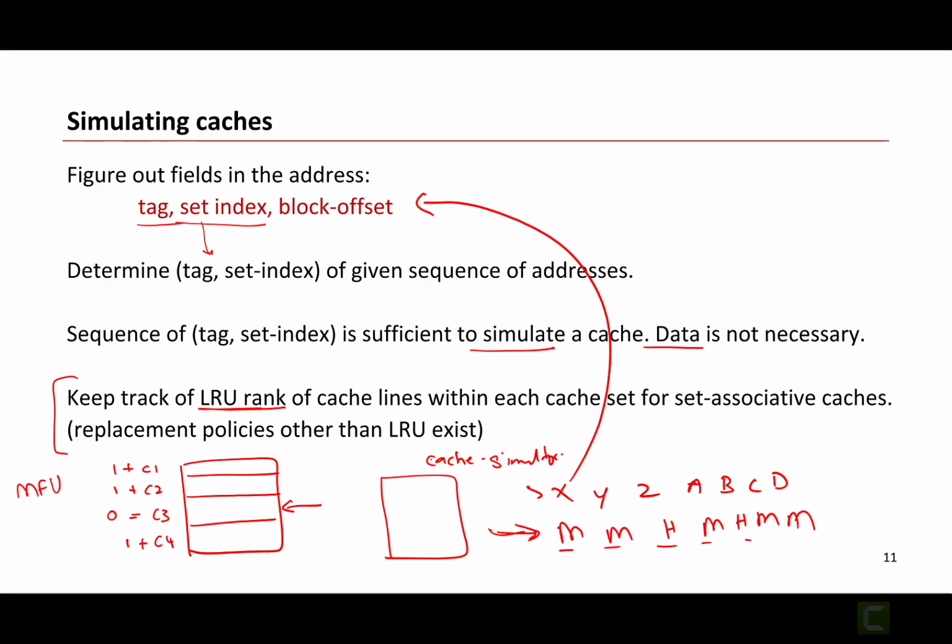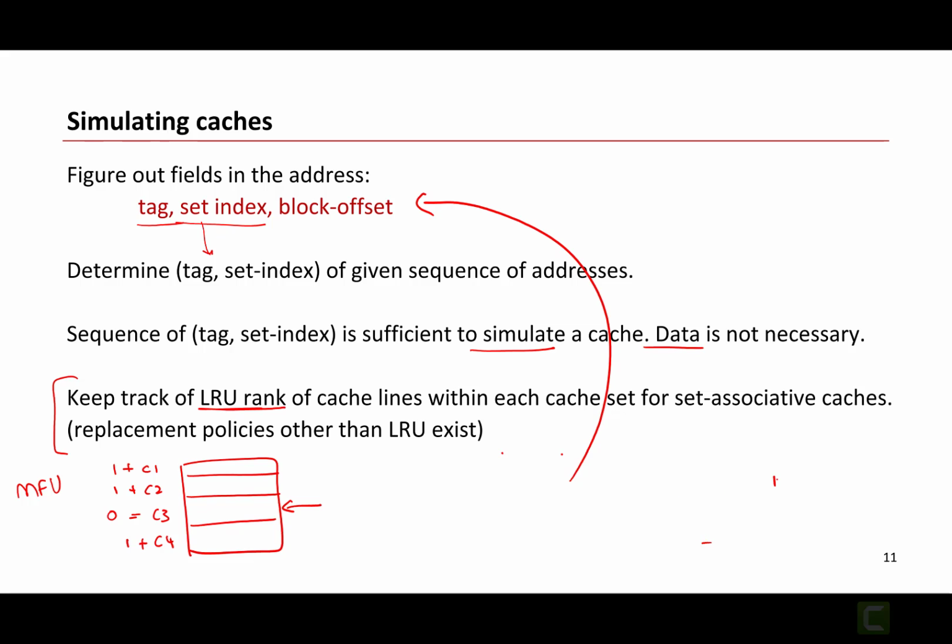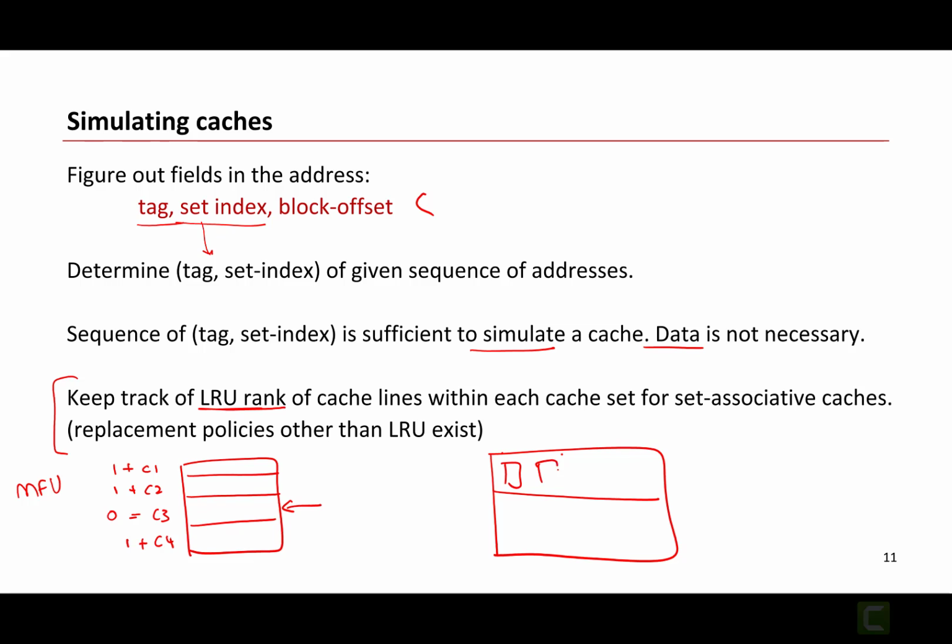So one thing I need to clarify here is that in a fully associative cache, you will be maintaining the LRU rank across all the cache lines, because all the cache lines are part of one single set. But in the case of a set associative cache, that is not true. So let me say that I have a 4-way set associative cache. These little boxes that I'm drawing each represent a cache block within a set.